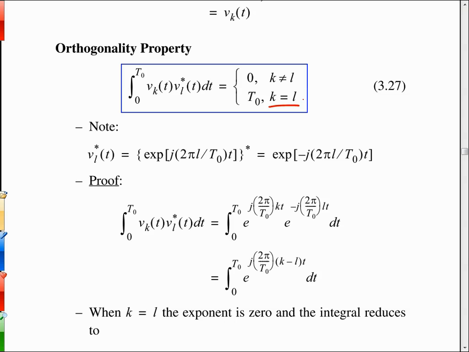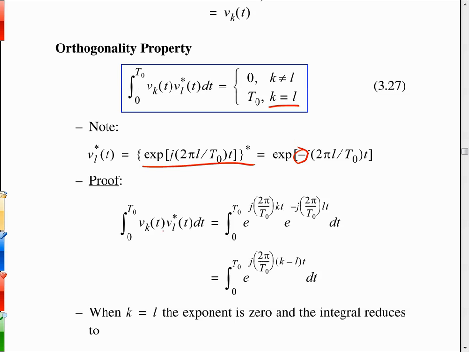Okay, now what is v conjugate of l? It's just taking the conjugate of this entire complex exponential, but we know what the conjugate operator does. It goes looking for j, and it wants to change the sign on j, because that's what the conjugate operator does. It makes the imaginary part have the opposite sign. So in this case, it's making that become a minus j.